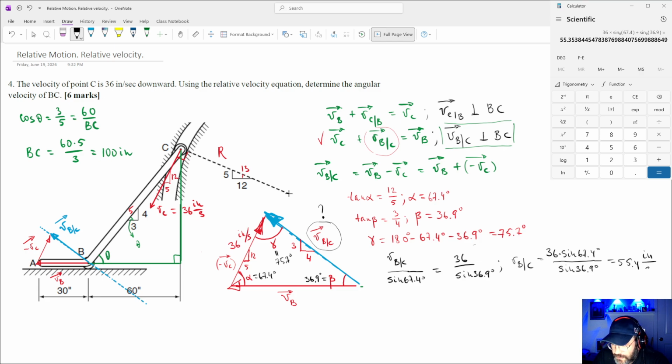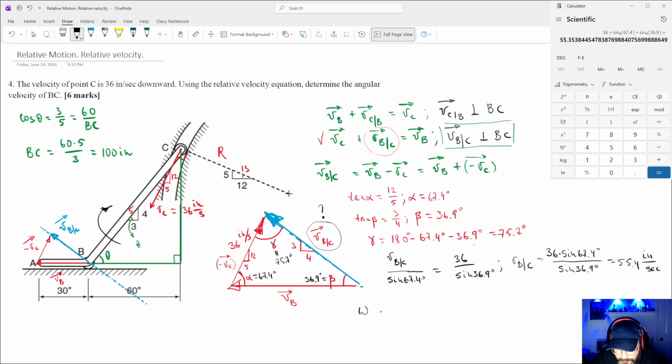So inches per second. Okay, so to calculate our omega angular velocity, you can see angular velocity here. Since tangential velocity B relative to C is pointing in this direction, it's going to be clockwise motion, right?